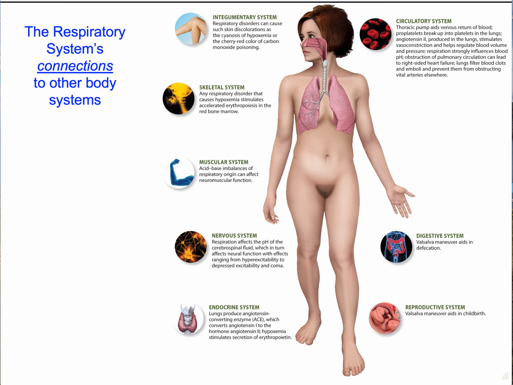And this is it, guys. We're done. We're looking at other systems of the body, and just like the integumentary system connected to other systems in the skeletal system, the respiratory system is connected to almost everything else. Why? Because the respiratory system is allowing us to live, really, to metabolize, to use oxygen and give off CO2.